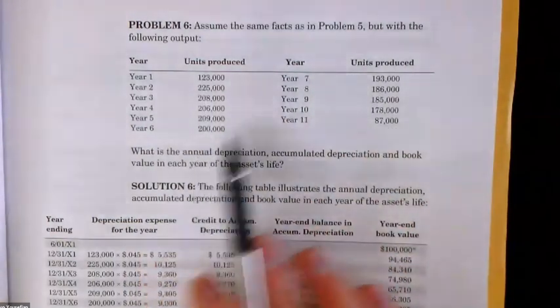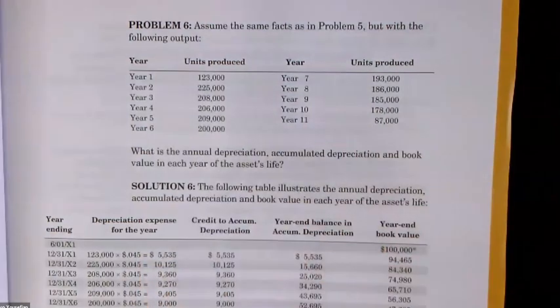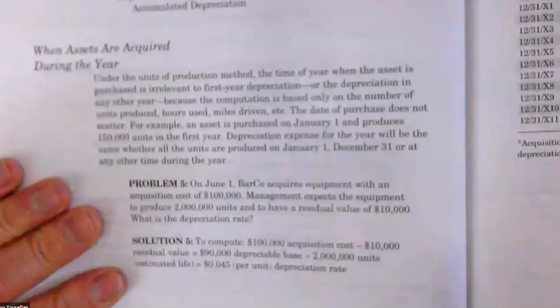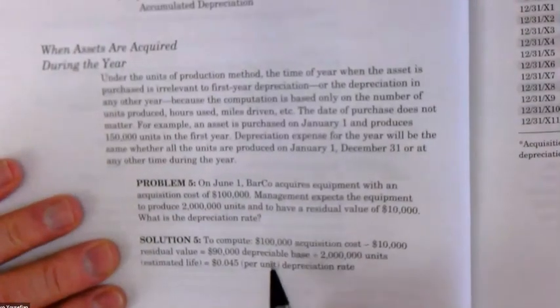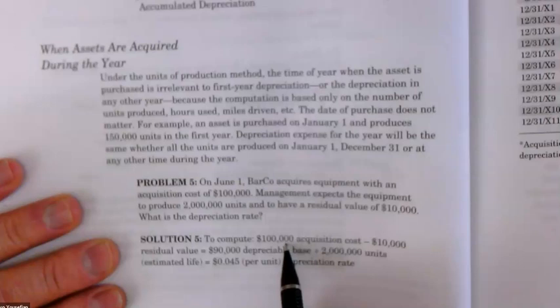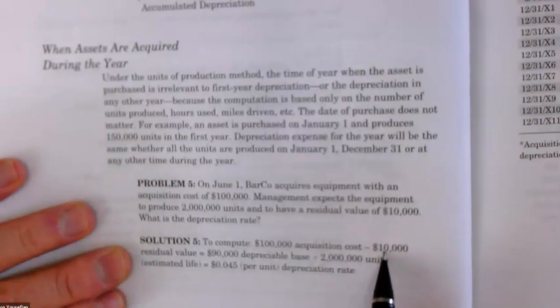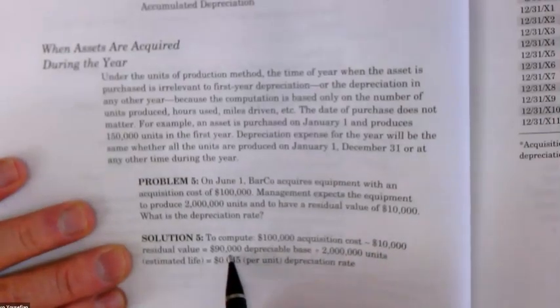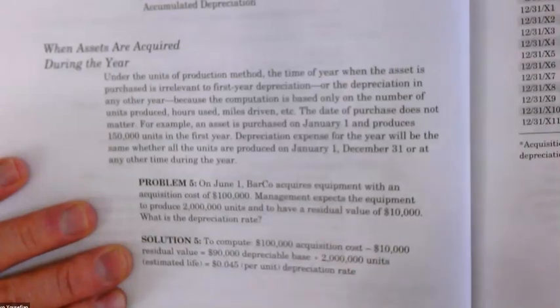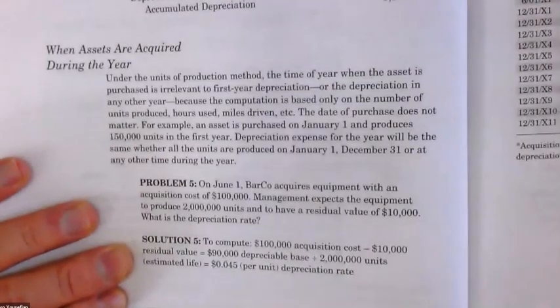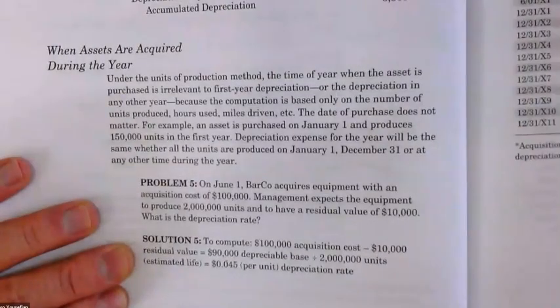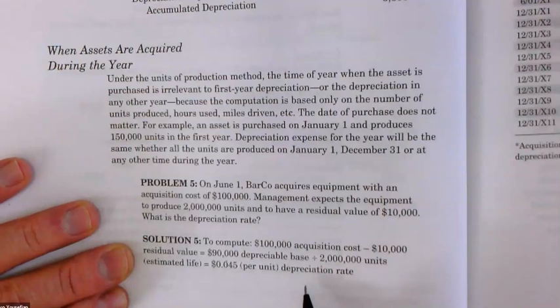So you see there are different units produced, so you have to know what the unit depreciation rate is. It says $100,000 acquisition cost minus 10,000 residual value gives you a 90,000 depreciable base, right? 90,000 divided by 2 million units of production gives you a 4.5 cents depreciation rate for each unit of production.